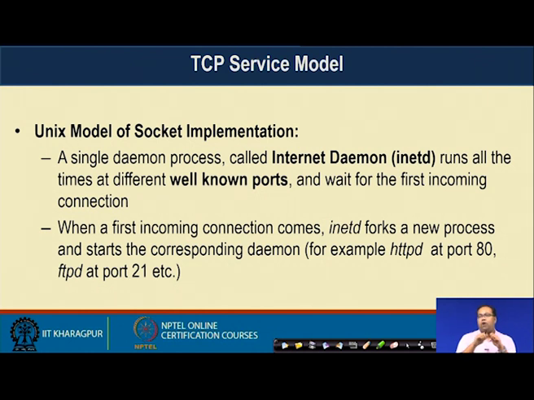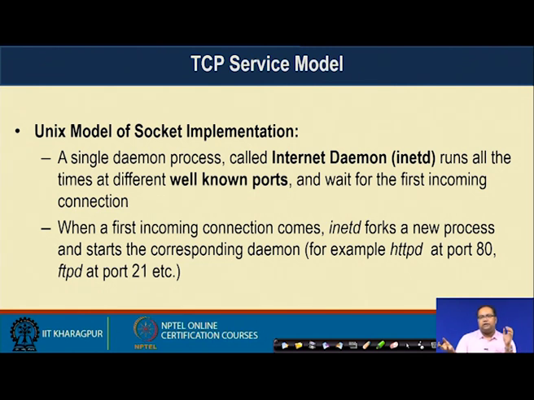So, for example, if you want to do an HTTP file transfer, for that you have to run the HTTP daemon at the HTTP server, which runs at port 80. Initially inetd keeps on listening on port 80, and whenever you try to initiate a connection on port 80, HTTPD pops up, because HTTPD is the daemon process which will use the hypertext transfer protocol at port 80, that we have looked into in the discussion of application layer protocols.